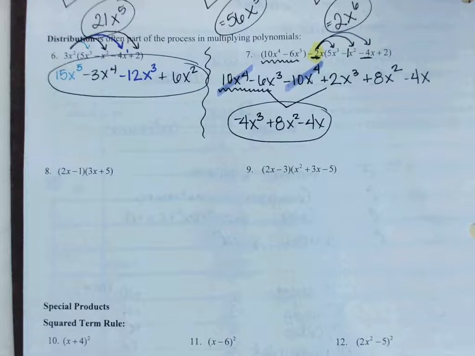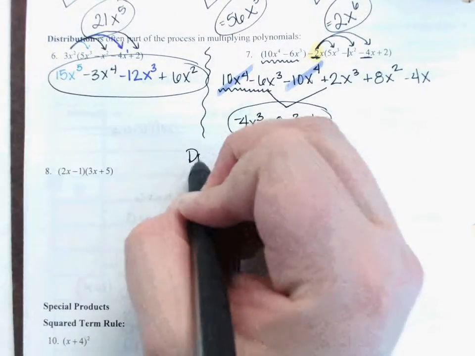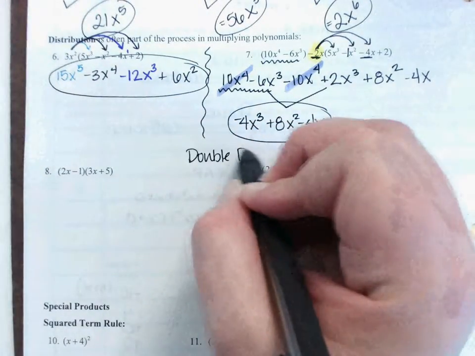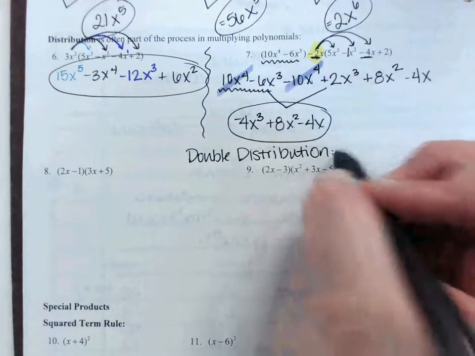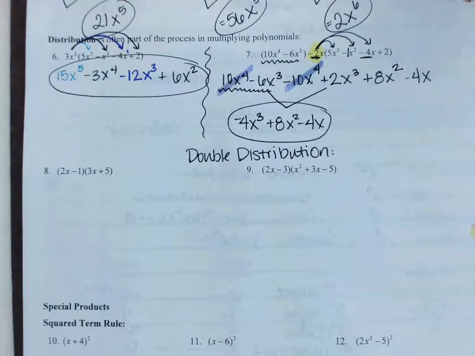Alright, last one we're going to do from that section. Let's do number 9. What type of distribution are 8 and 9? Double distribution. Here's how that works. You already saw this in Algebra 1 and Algebra 2. You're going to take your first term, you're going to times it in. Then you're going to take the second term, times that one in. I'm doing 9 because it's harder than 8.